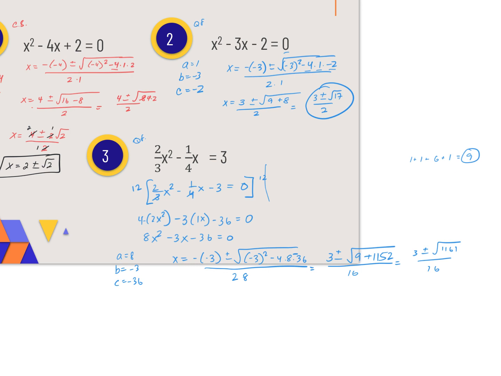That means that it's divisible by 3 and divisible by 9. And so I'll go 3 plus or minus the square root of 9 times 129, and then it's going to be over 16. And so again, it's going to be 3 plus or minus 3 square root of 129 over 16. And that's about as far down as I can go.